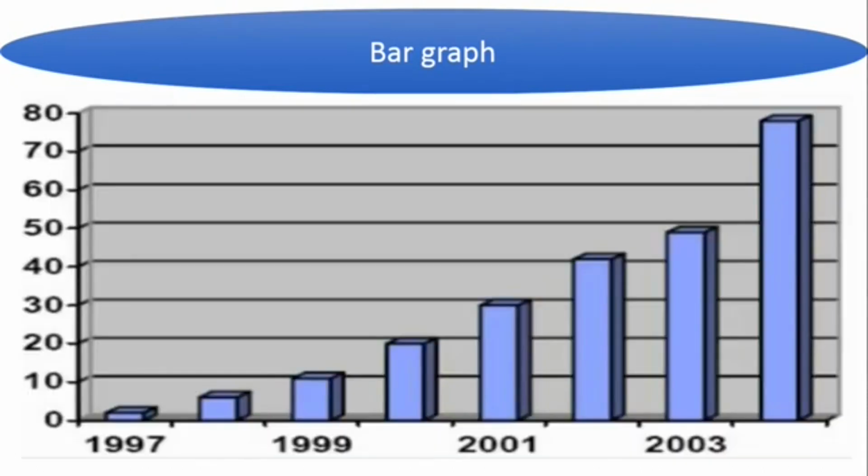You can see this upward trend, increasing from fewer than 10 universities in 1997 to more than 75 universities in 2004 that are offering bioinformatics.